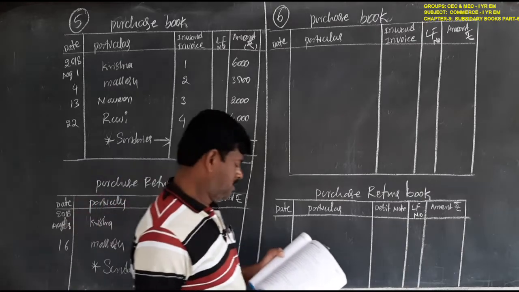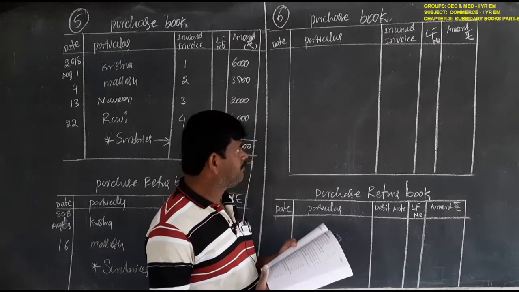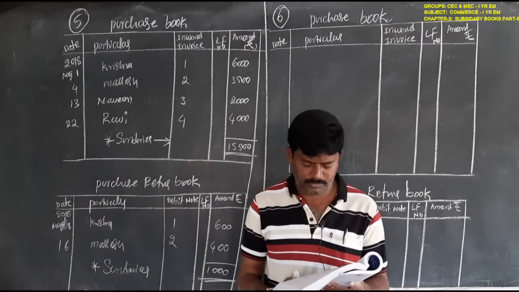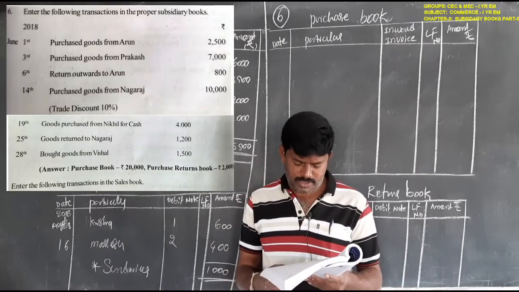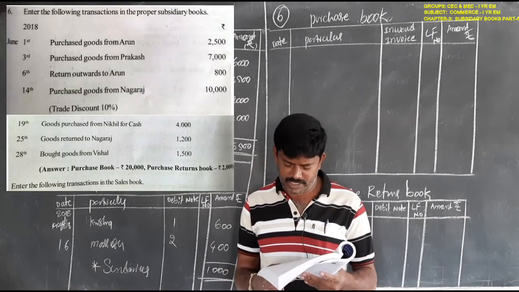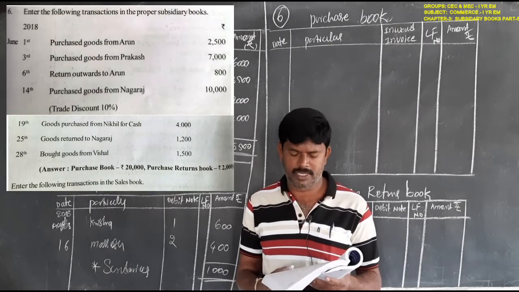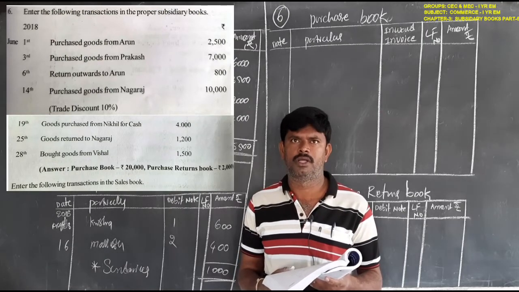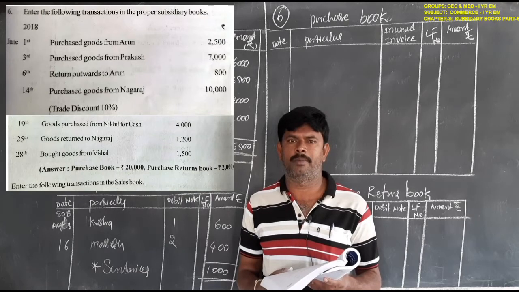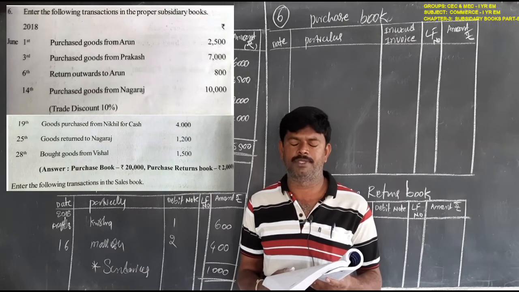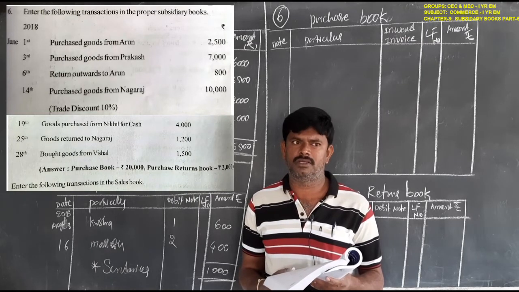Come to the sixth problem. Enter the following transactions in proper subsidiary books. They have not mentioned purchase book and purchase returns book. They say proper subsidiary books or proper books. Based on the given transactions, we record the respective books.